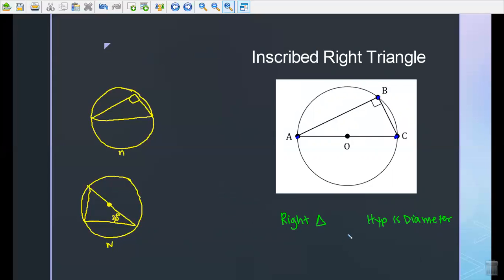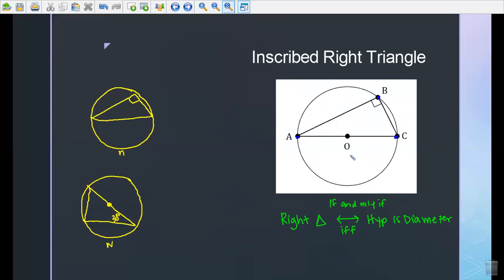If I'm told that it's a right angle, so if I'm given that box in the corner, that tells me automatically it's going to have the hypotenuse as a diameter. Or if I'm told that the hypotenuse is the diameter, that tells me that it's automatically got to be a right triangle. This is what we call IFF, if and only if, because it works both ways.